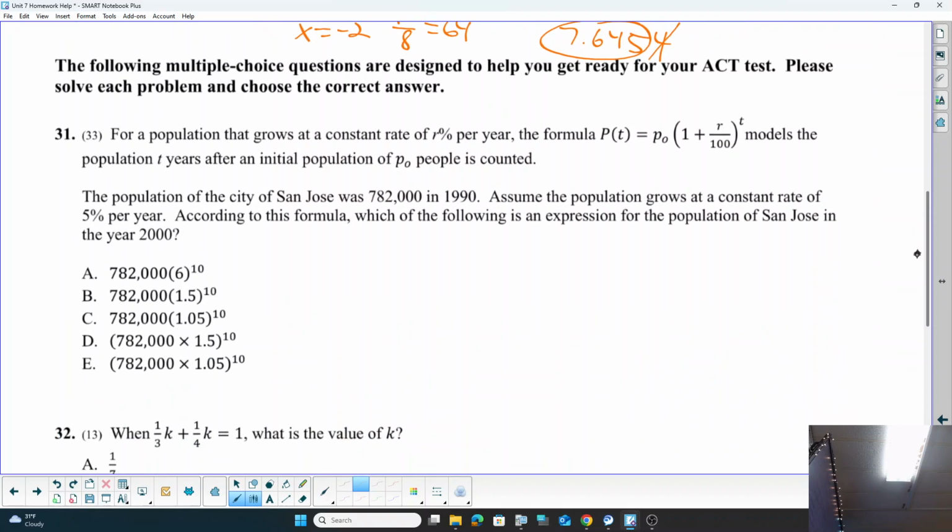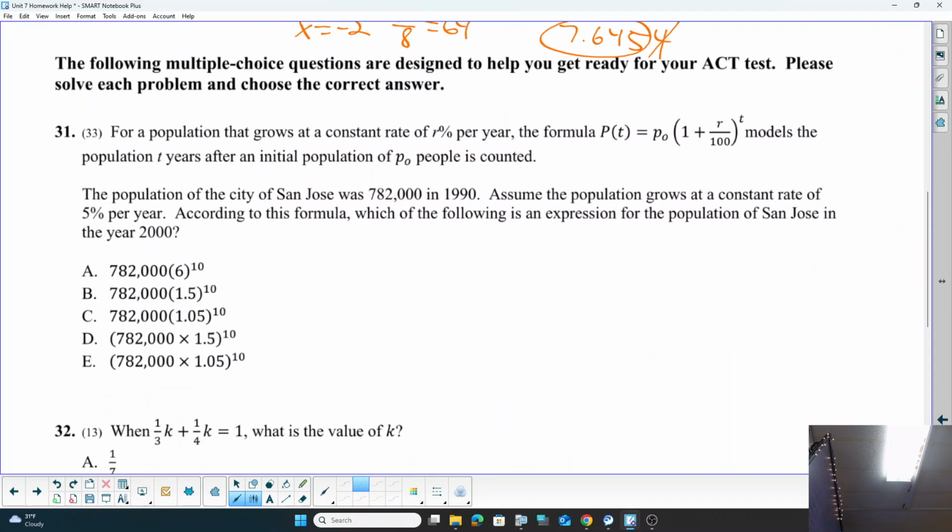And then last but not least, multiple choice. So this time they're saying your P of 0 is your initial population, which is 782,000. And then 1 plus the rate, and the rate they want us to use is 5% per year. So that's going to be 0.05.